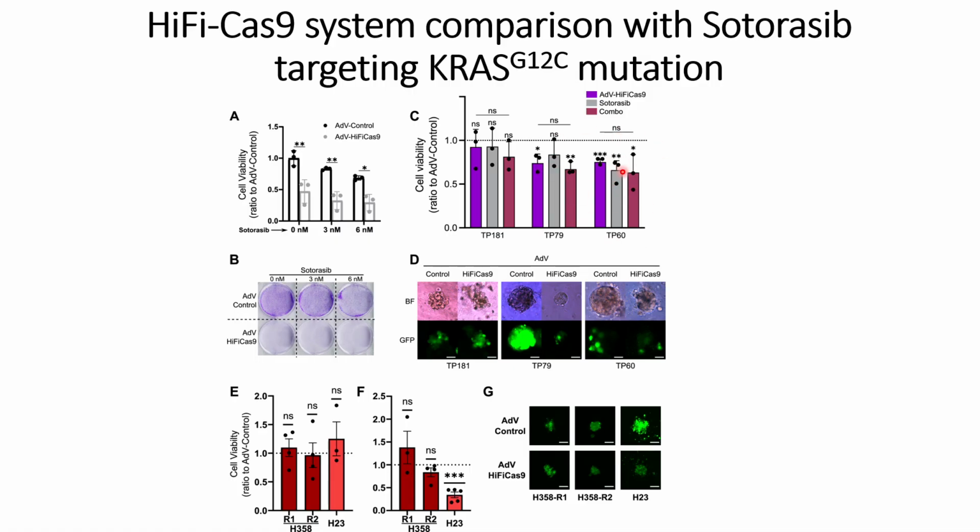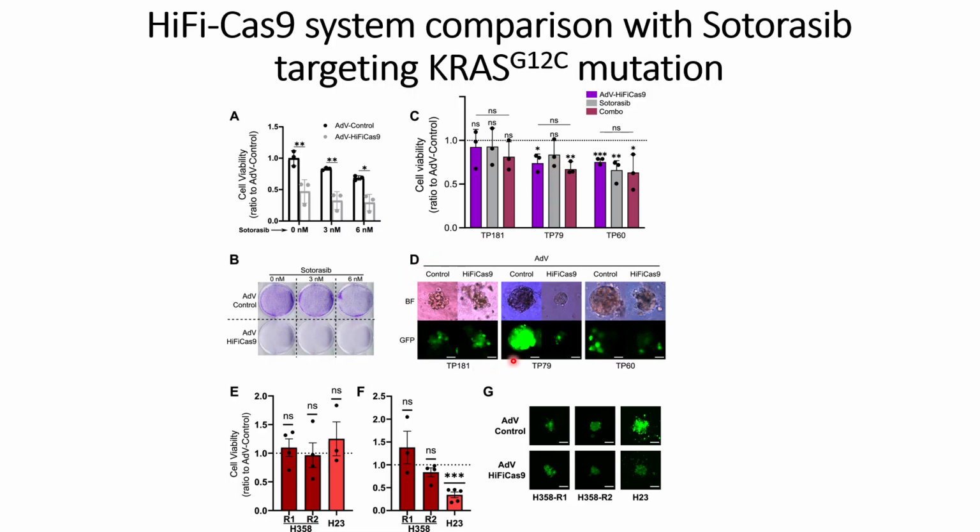For TP60 also they see a significant decrease. However, the difference between the adeno-associated virus HiFi Cas9 system and the combined is still non-significant. So TP79 shows a result where the HiFi Cas9 system can work better than Sotorasib, and the reason they cited is that the mechanisms are different.